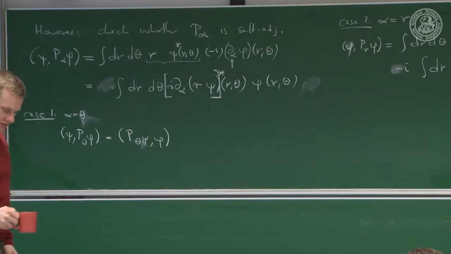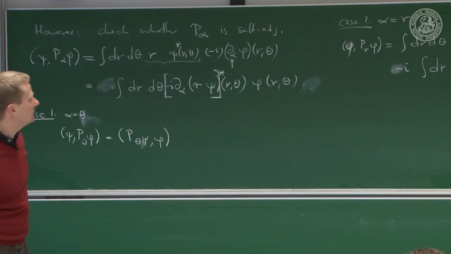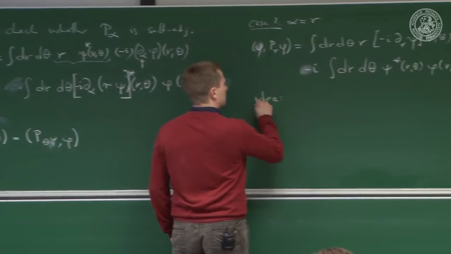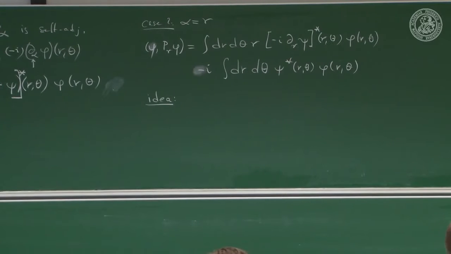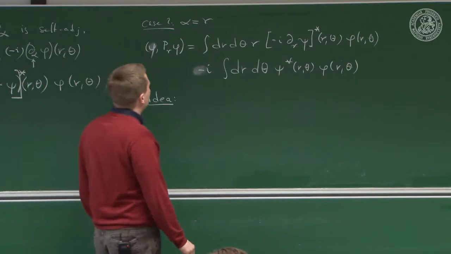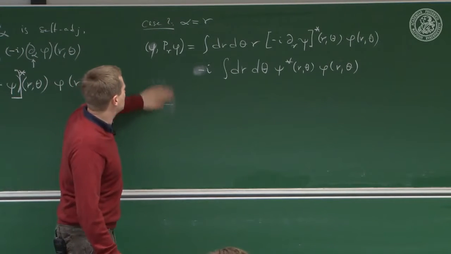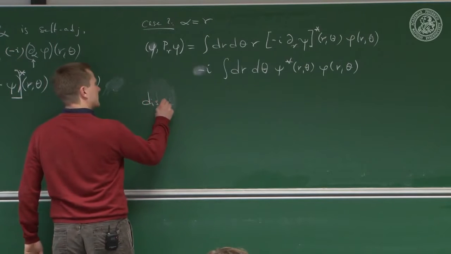So the idea one might have here at this point, and it's nothing more than an idea, is to say, well, hang on, these partial derivatives acting on this function phi. Well, why might we give up?